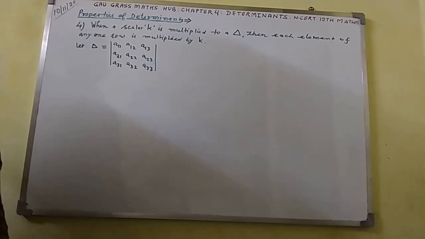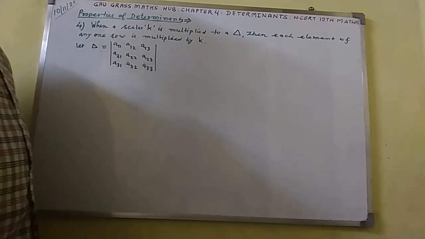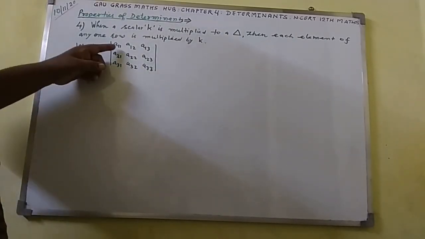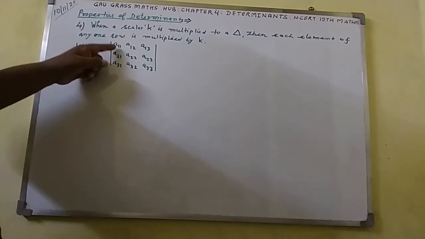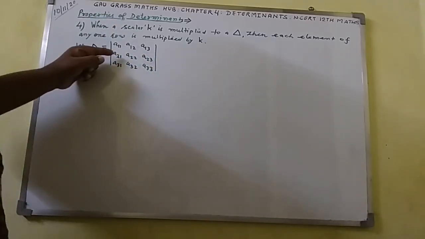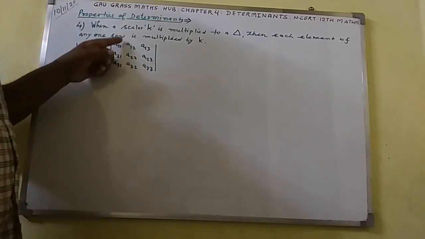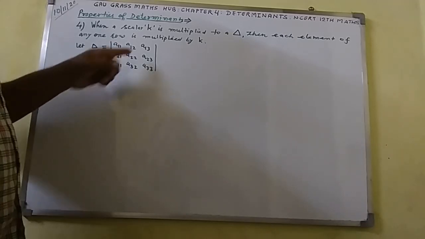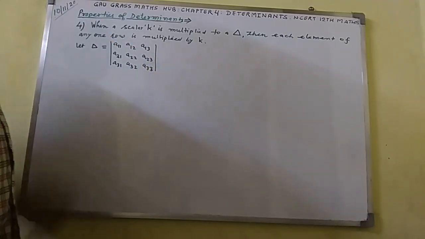Third row: A31, A32, A33. So here the first index represents row position, the second index represents column position. 1 1, 1 2, 1 3 are first row, 2 1, 2 2, 2 3 second row, 3 1, 3 2, 3 3 third row, and similarly for columns.